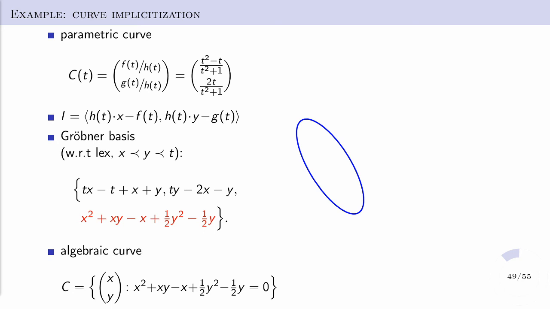So you can see it here. x is t squared minus t over t squared plus 1, and y is 2t over t squared plus 1. This is one way of representing a curve, a parametric one. The other way of representing a curve is to write explicitly its algebraic equation in x and y.